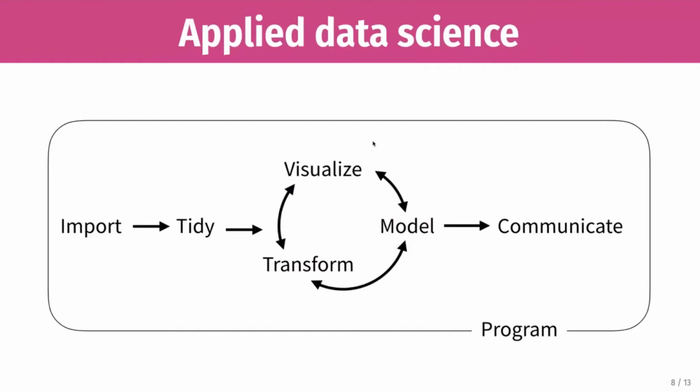So what we did last time is we went over each of these steps very briefly, showed you how to import data, how to clean it up, how to make basic graphs with it, how to transform it using dplyr with group by and summarize and other functions that let you take really complex data and narrow it down to something usable. And then we showed you how to communicate that using something called R Markdown, where it lets you mix code and text.